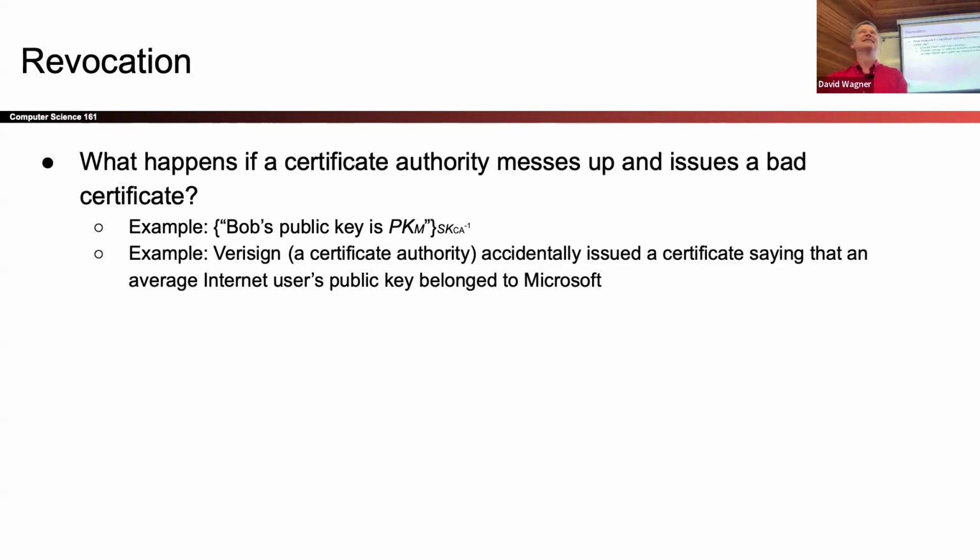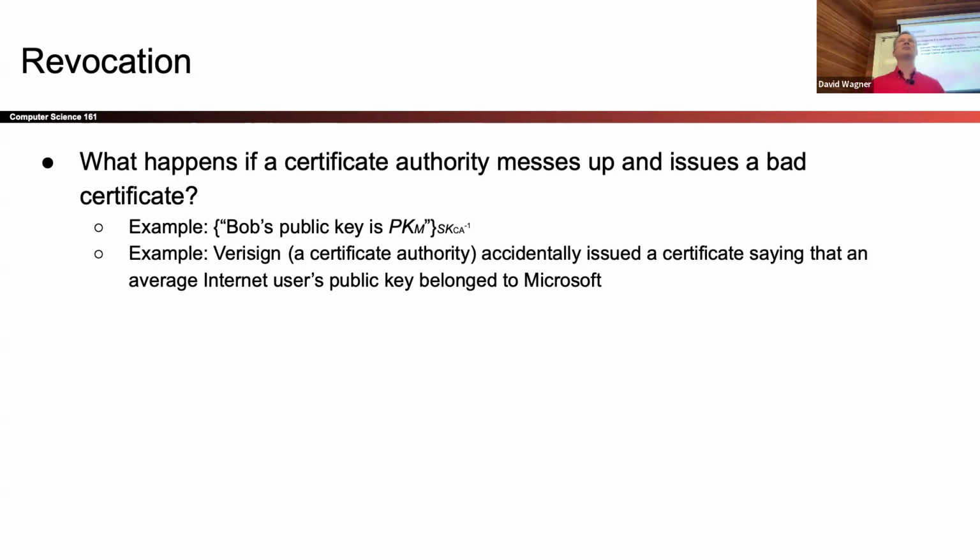Now there's some problems. This is kind of like our best effort, but it's not perfect by any means. One of the problems is revocation. What happens if some certificate authority messes up and they issue a bad certificate? Like, for instance, one of the certificate authorities famously issued a certificate for what Microsoft's public key is, but they screwed up.